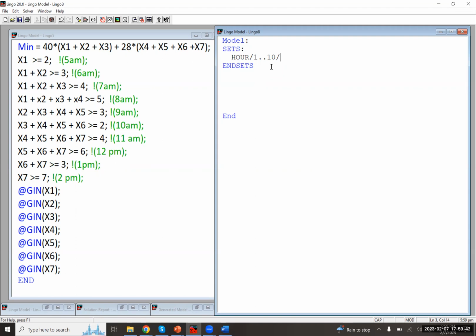So this kitchen, Auntie's kitchen, needs employees for those 10 hours, right? From 5 a.m. to 2 p.m. each day. So we define it like this. There are 10 different hours, and the set hours associates each with one quantity. What is that?